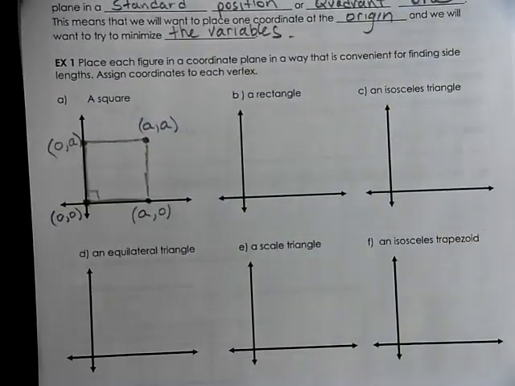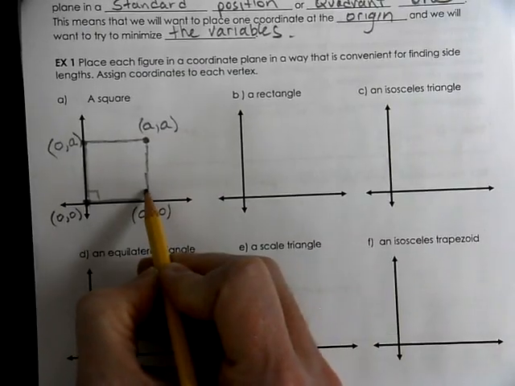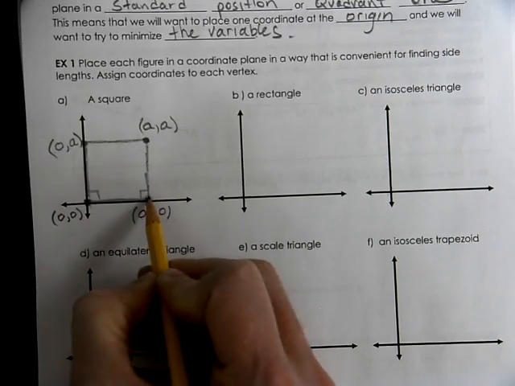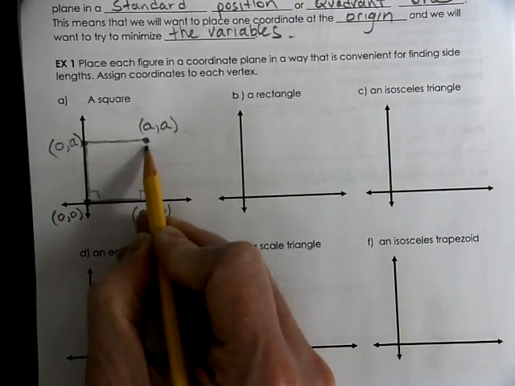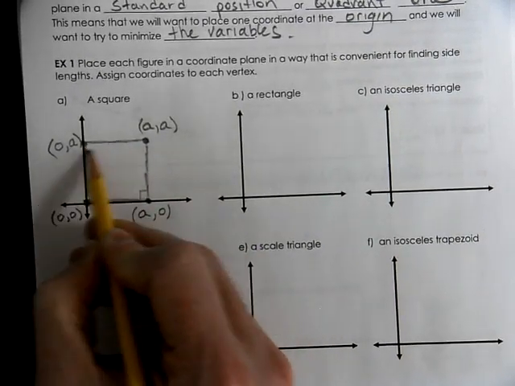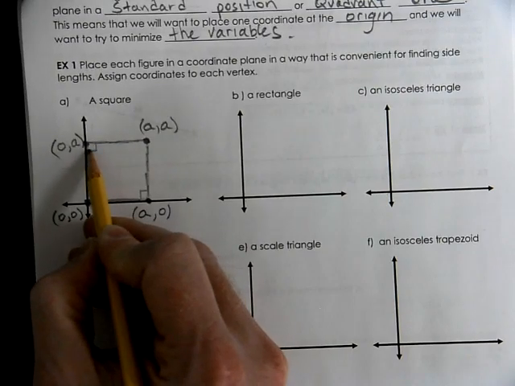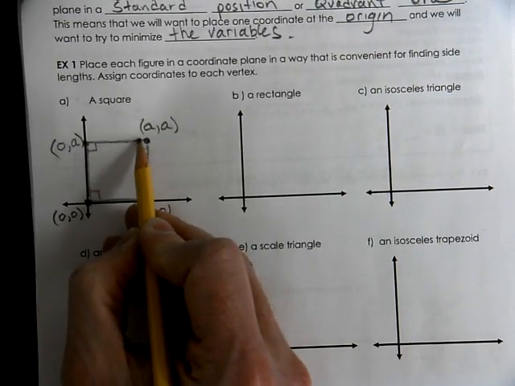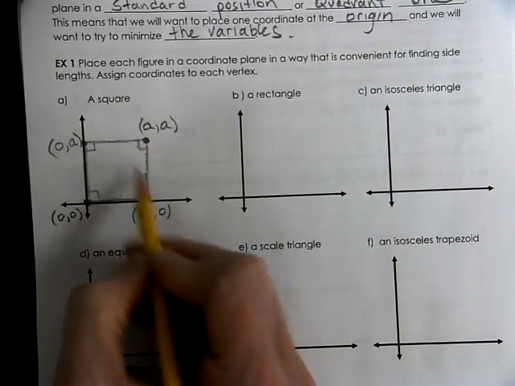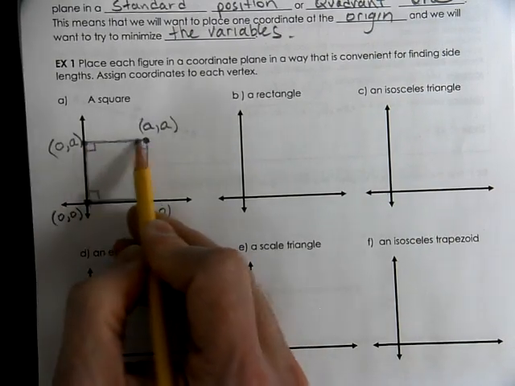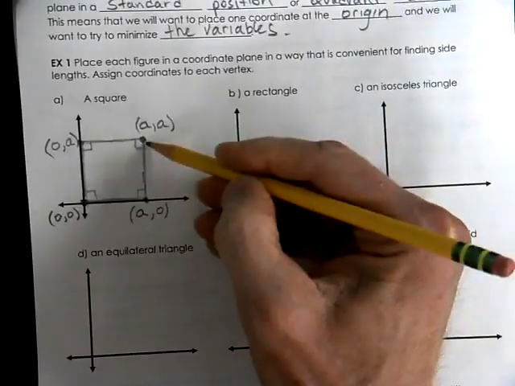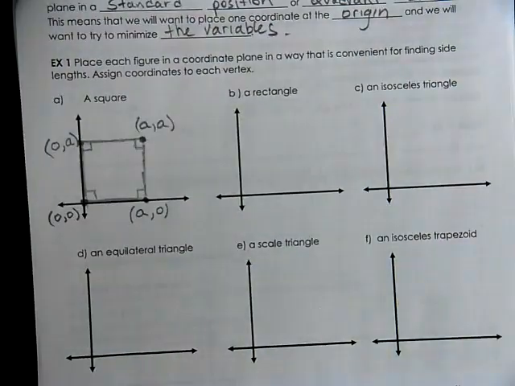So that has to be A, comma A. That way we're certain to have a right angle because we're straight up. We're straight over, so it's a right angle. So that's forcing us to have right angles since we're at the same height as the A and we're at the same distance as the A.